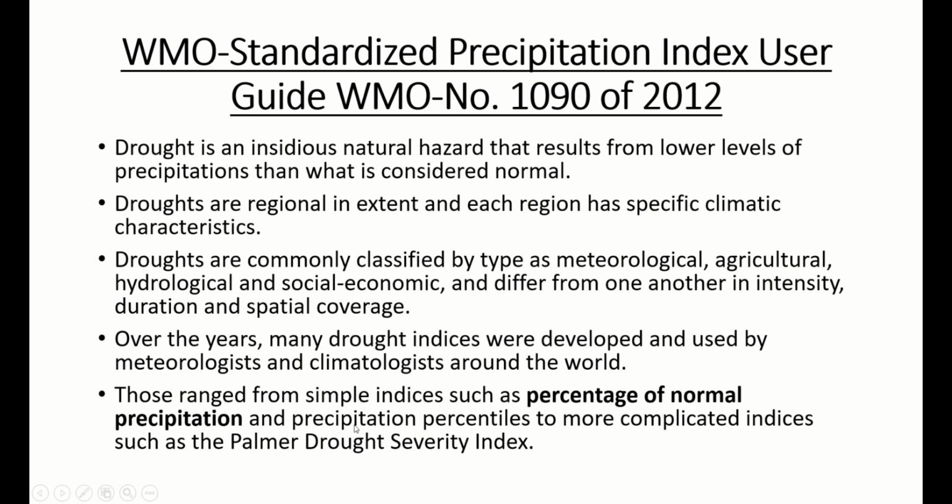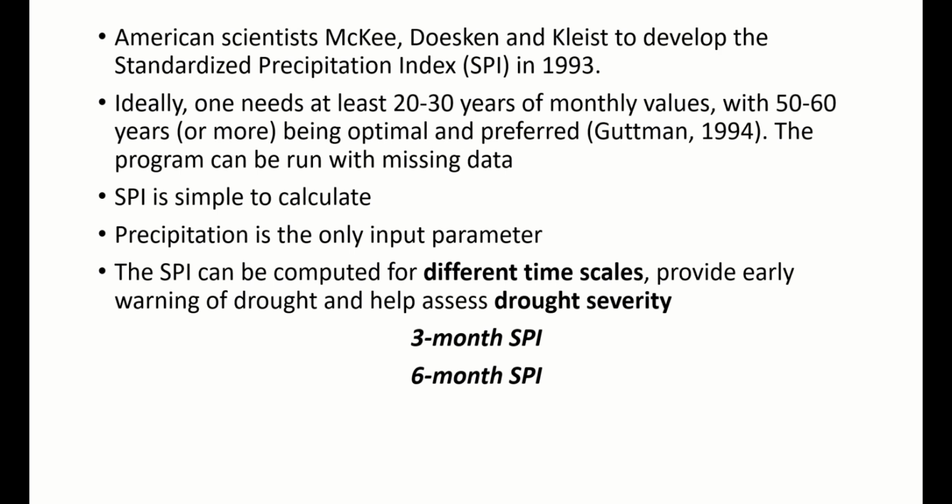Other drought indices, such as the precipitation percentile, we don't really use a lot, and the more complicated ones, such as the Palmer Drought Severity Index, we haven't really used.